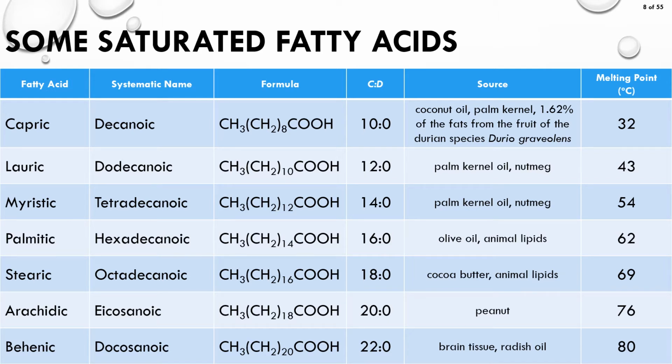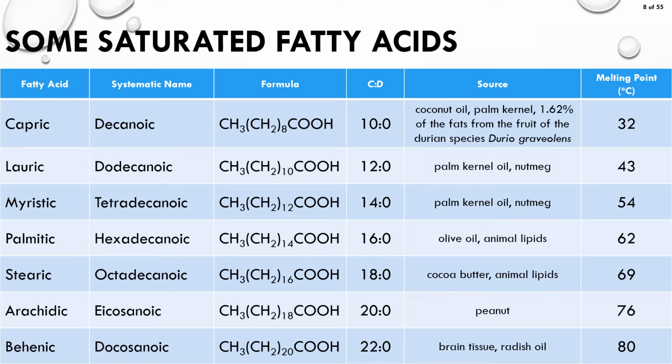The melting point of the saturated fatty acids, or SFAs, depends on two factors. One is the molar mass of the molecules. Nagkadako siya, no? From capric down to behenic, nagkadako siya nga molecule, so of course the molar mass also increases. Therefore, the greater molar mass results in stronger London dispersion forces between the molecules.